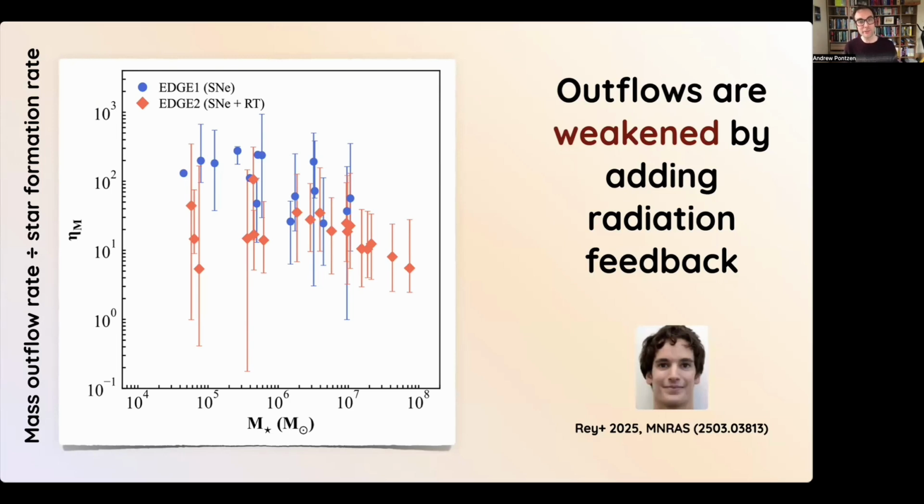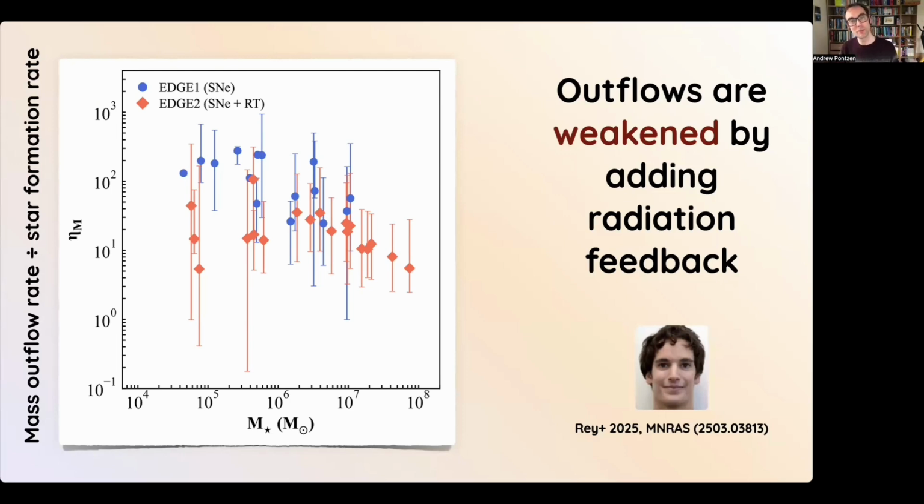So here Martin is plotting, as a function of stellar mass for a bunch of our different simulations, what's sometimes called the mass loading factor of galactic outflows.